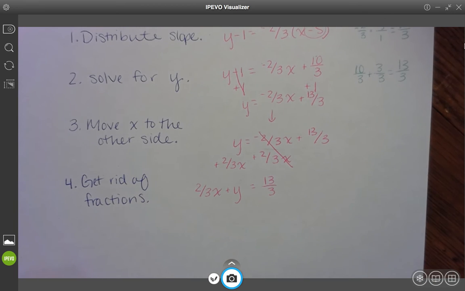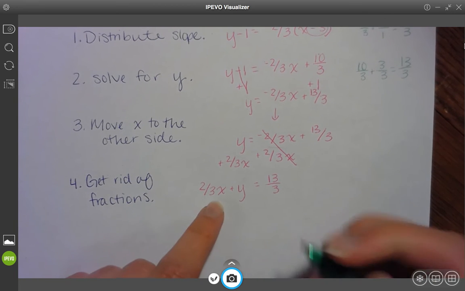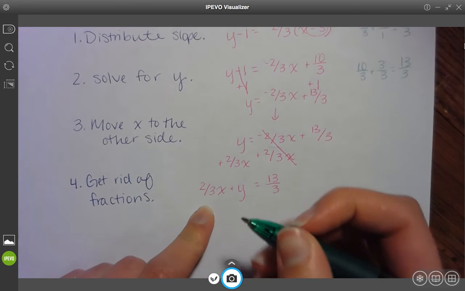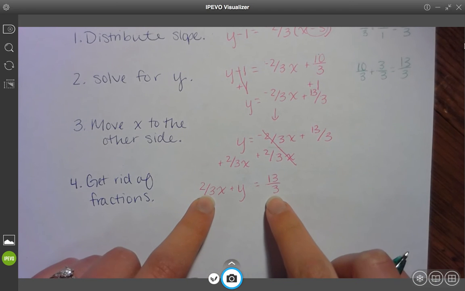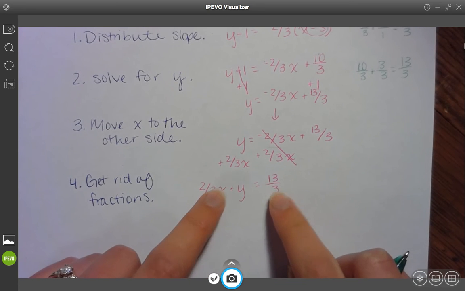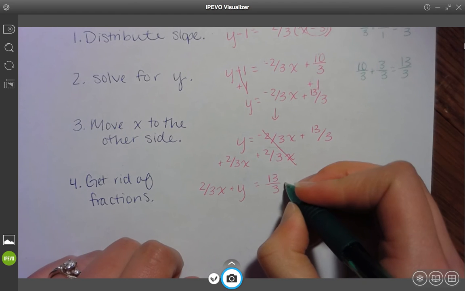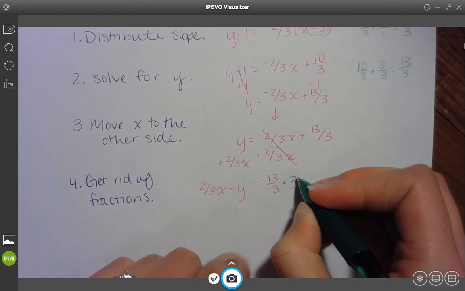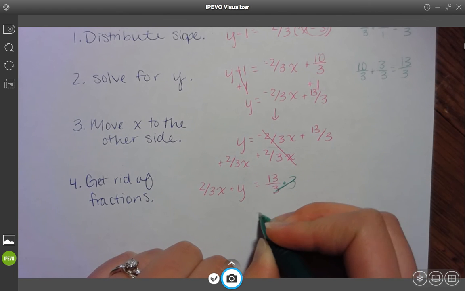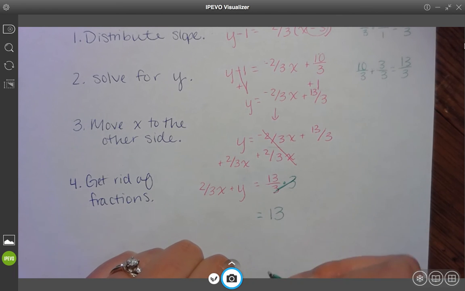And to get rid of the fractions, what we're going to do is I'm going to multiply everything by my denominator here, because I have the same denominator. So if I multiply 13/3 by 3, these will cancel and I'll be left with 13.